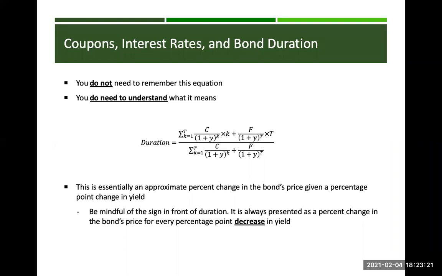So this is a really important part about bond investing: duration, and once we get to it, convexity. This is going to be directly related to the percent change in the bond's price for any given change in yield. It's not exactly that, but it's very comparable.